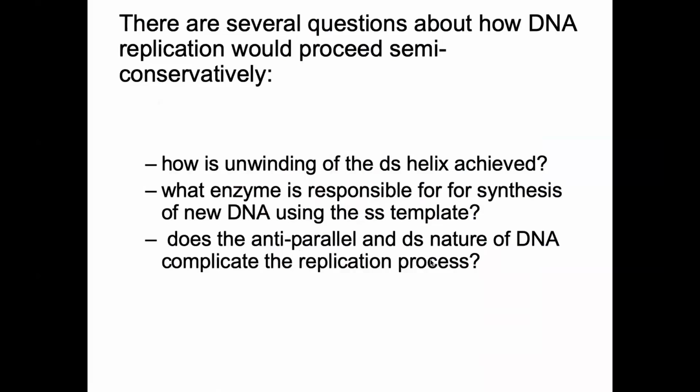So really the point I'm trying to make here is that once it was understood that DNA replicates semi-conservatively, well, you want to determine the details of the process. What are the different components of the actual replication machinery? So the first thing you would try to understand is the nature of the enzyme that is responsible for synthesis of the new DNA off of the single-stranded templates.